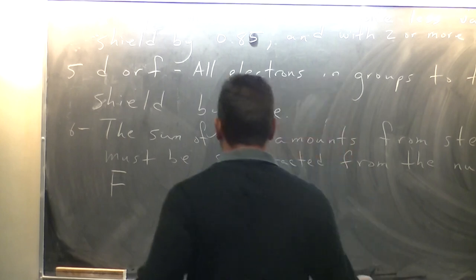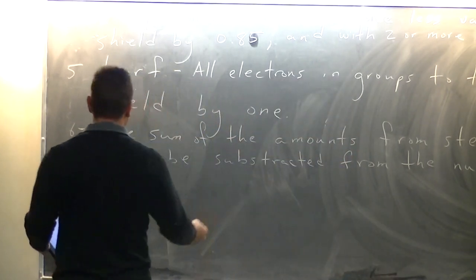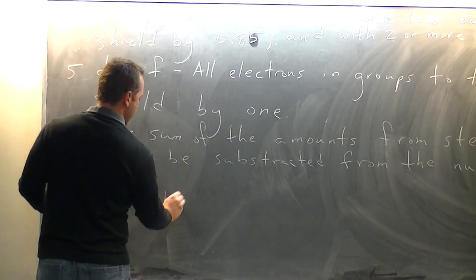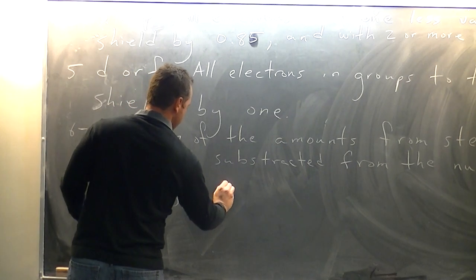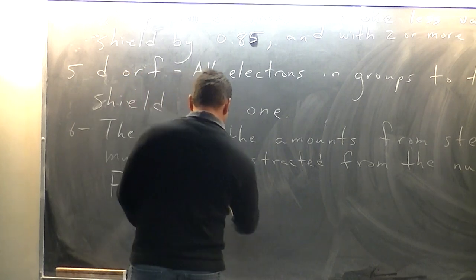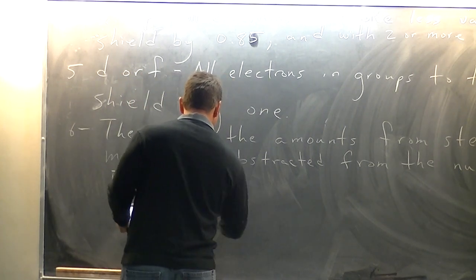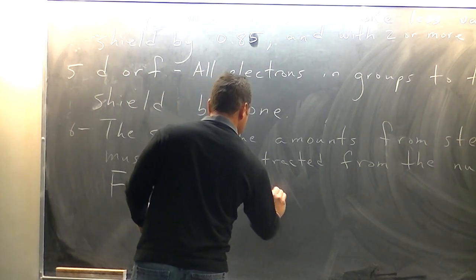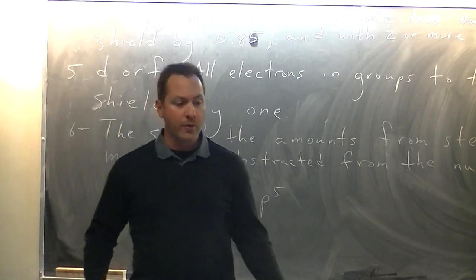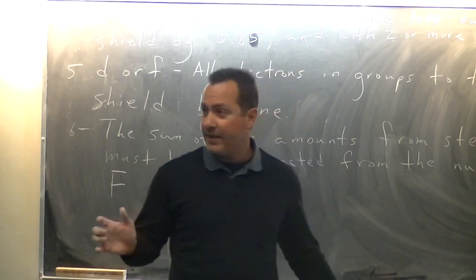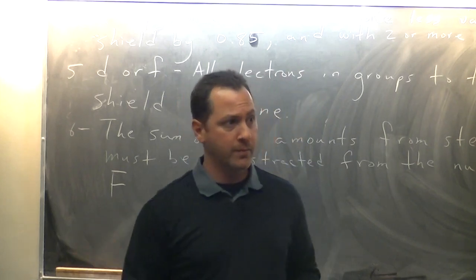So that means that the electronic configuration will be 1s2, 2s2, 2p5, right?